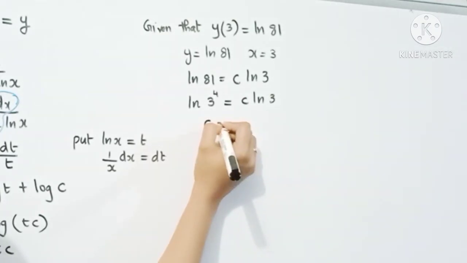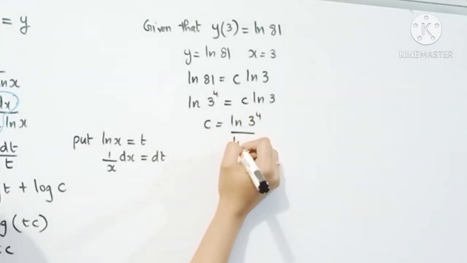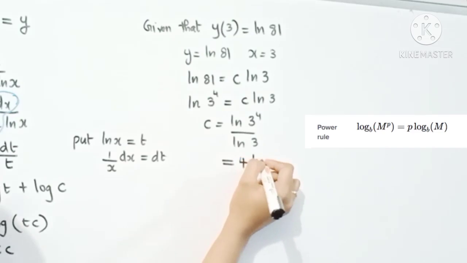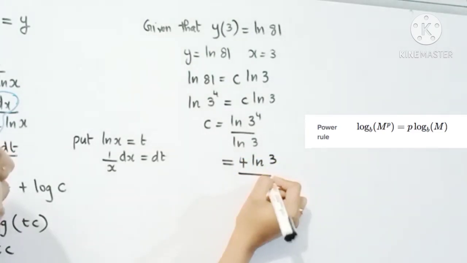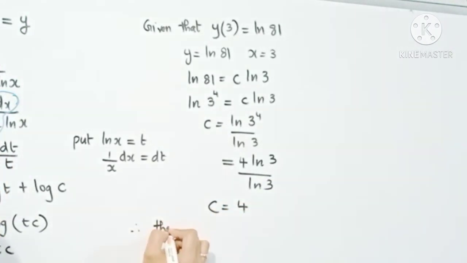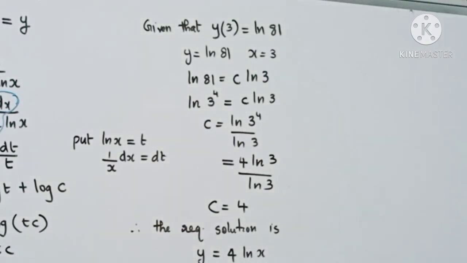Now c = log 3⁴/log 3. This can be written as 4 log 3/log 3, so c = 4. Therefore, the required solution is y = 4 ln x. This is our required answer.